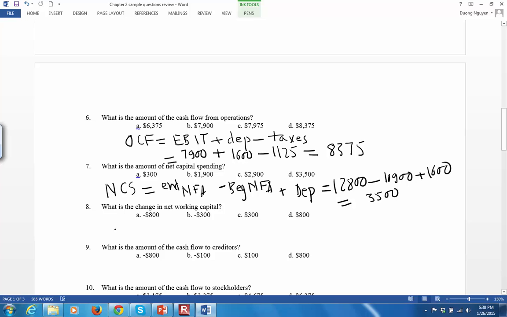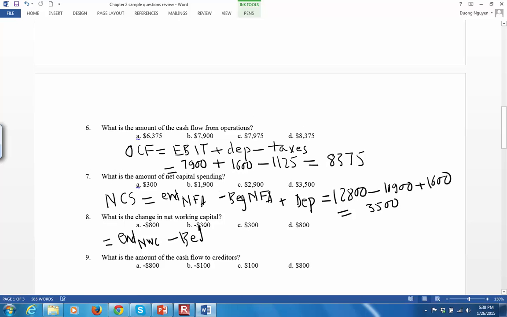What is the change in net working capital? It is equal to ending net working capital minus beginning net working capital.